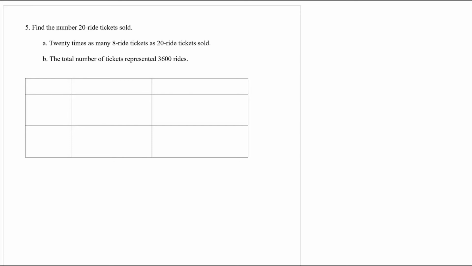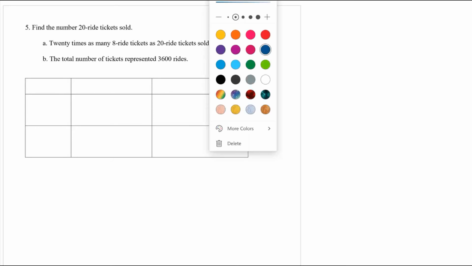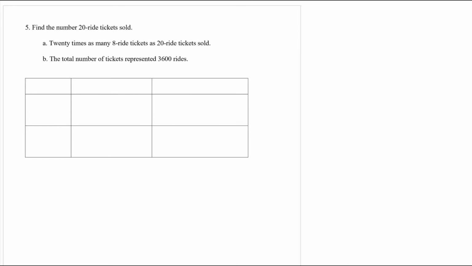So it looks to me like we have 20 ride tickets. So in other words, that's like a bundle. You can buy a grouping that would give you 20 rides. And then you can also buy a group of tickets that would give you 8 rides. So hopefully you're thinking, gee, how would I do that? But I want to think of my 2 categories as either I have 8 rides or I get 20 rides.